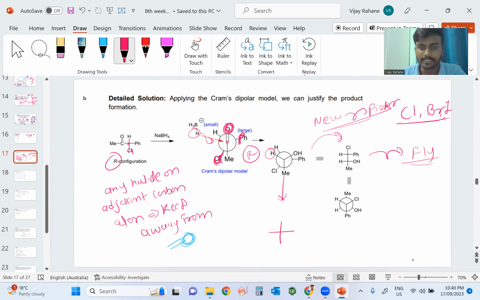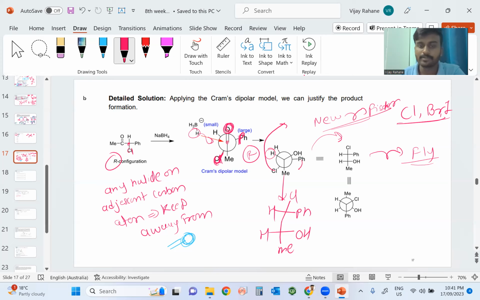I have just pulled this methyl down. I will draw hydroxy and hydrogen as they are. And the backside carbon atom, let's say this chloride group, I have just pulled straight upward, and the remaining two groups are drawn as they are.